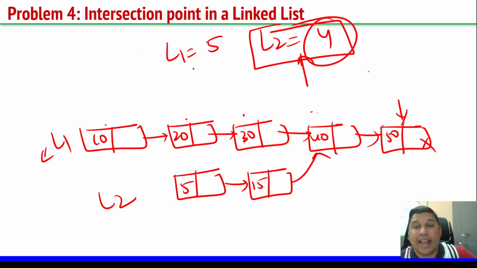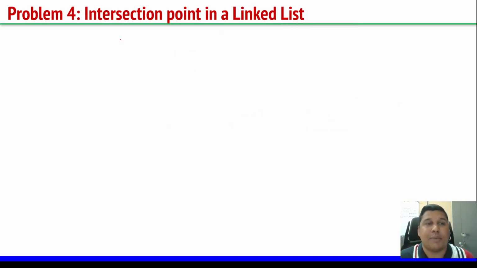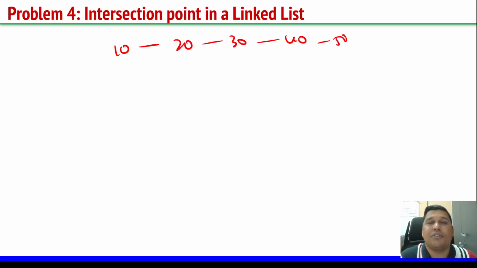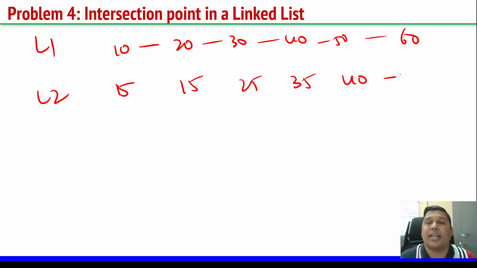If this node is just one node away from the null, you reach here. Now the same example: 10, 20, 30, 40, 50 and 60, both lengths are the same. 5, 15, 25, 35, here I had 40 and 50, some number 55.